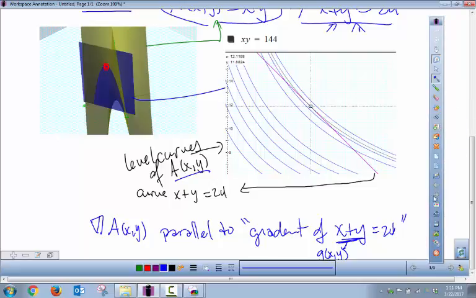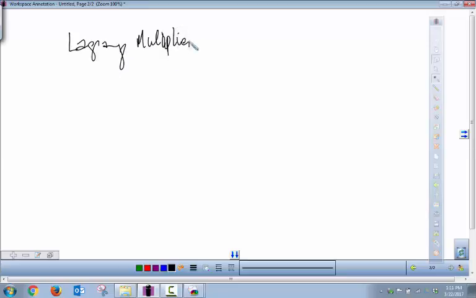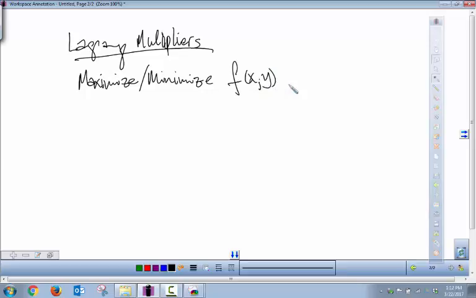So for Lagrange multipliers, I'm going to go to the next page here. For Lagrange multipliers, we're going to try to maximize or minimize some function given a constraint.